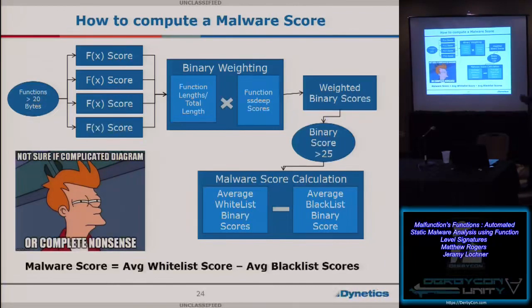To get more meaningful data, we throw out any binary scores that are less than 25. Then we take the average scores in the blacklist and the average scores in the whitelist, and do whitelist minus blacklist binary scores. That is our total malware score, from negative 100 to 100, a negative number being most likely malicious, and a positive number being benign.